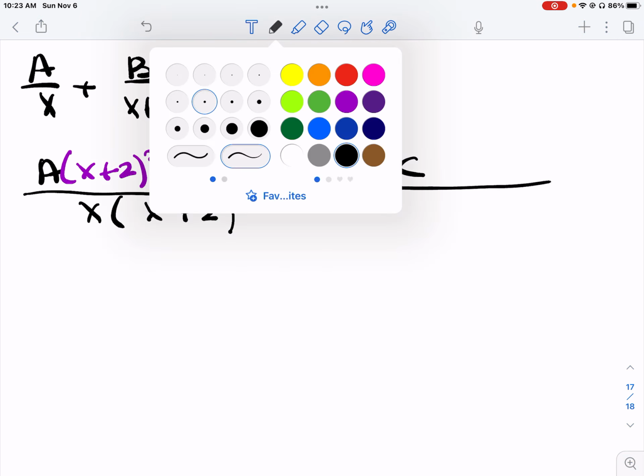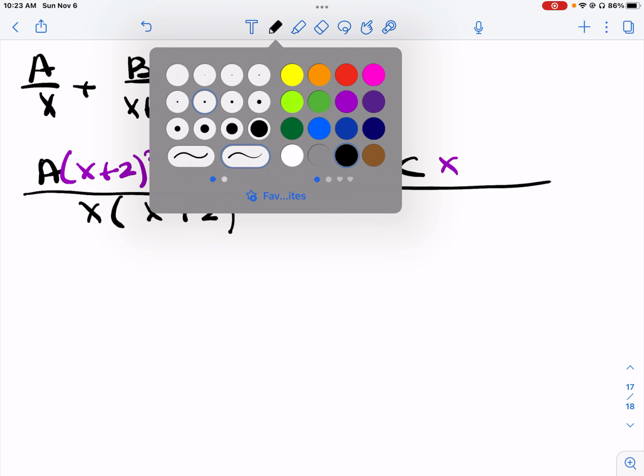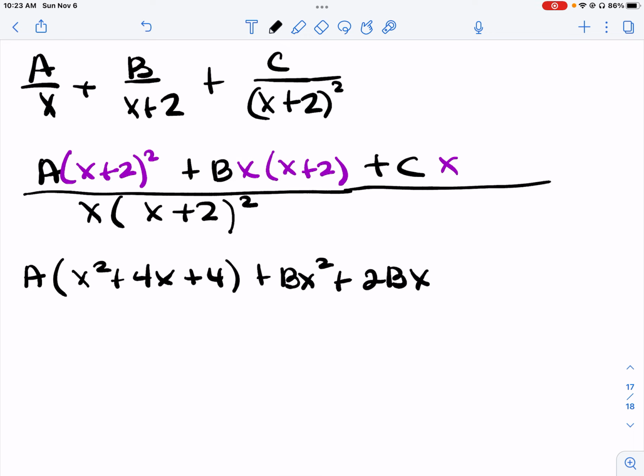What is c missing? C is missing the x because it's got the x plus 2. Okay, multiply. This is x squared plus 4x plus 4. Distribute bx. Okay. Distribute the a.